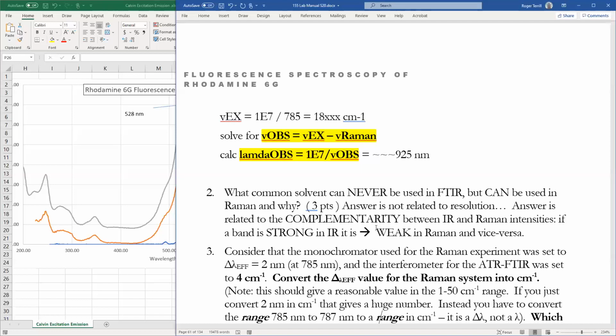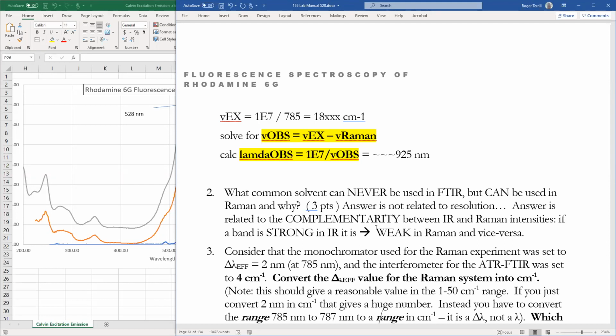But Raman and infrared intensities are complementary. So a strong absorber in infrared will be a weak scatterer in Raman, and vice versa. So you can use water as a solvent to do Raman spectroscopy.